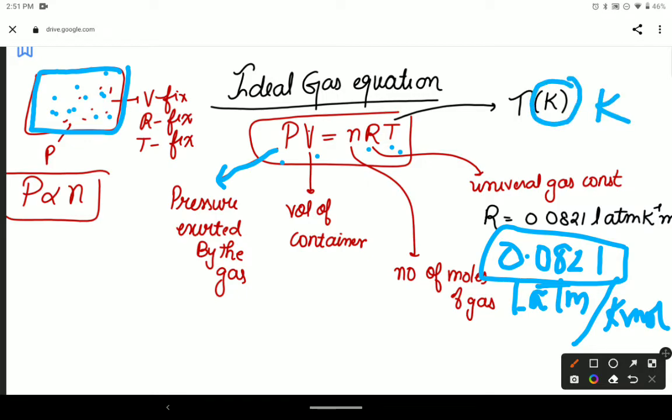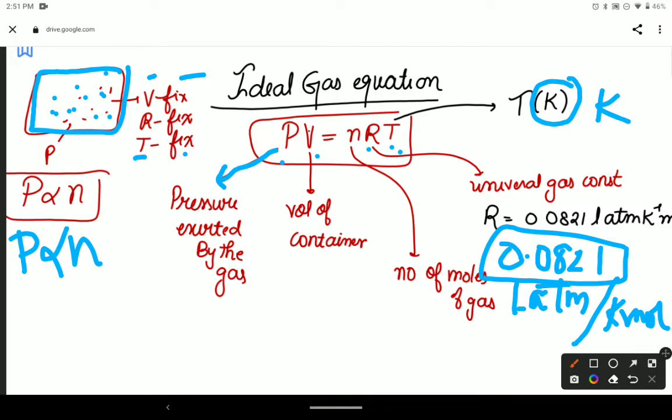Okay, you are taking some gas container. Here, let's say volume is constant and it is also given that temperature is constant. In that case, pressure is directly proportional to the number of moles of the gas. This is very useful. Actually, we have a question based on the mole concept, that's why I've been explaining this.